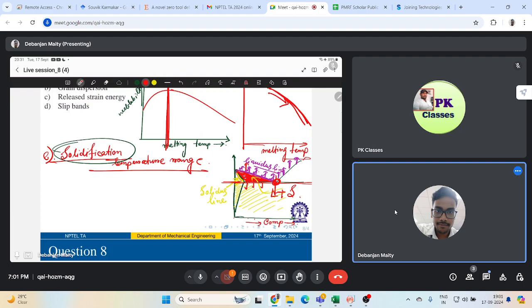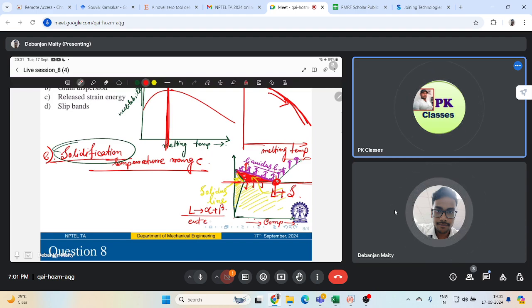In a binary alloy you have two different metals, so from liquid I convert it to two different solids. What is this point called? This is called the eutectic point. Right.